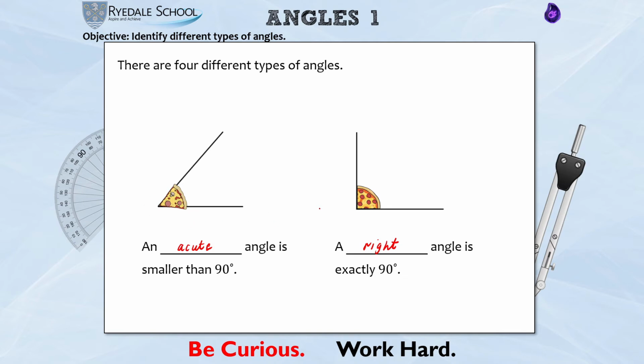The way that I remember this is I start with a right angle, because the slice of pizza that would be in a right angle is exactly a quarter of a pizza. So what I always say to myself is if my slice of pizza is smaller than a quarter, then it is an acute angle. If it is exactly a quarter of a pizza, then that is a right angle.